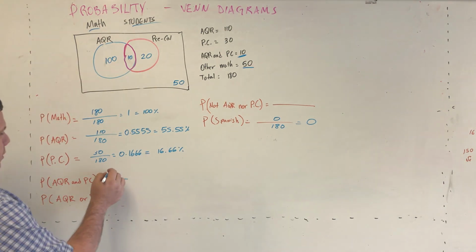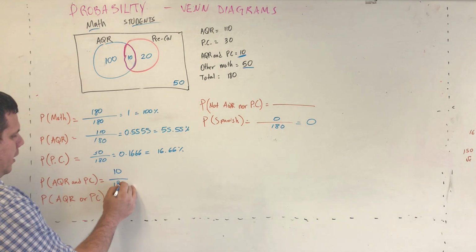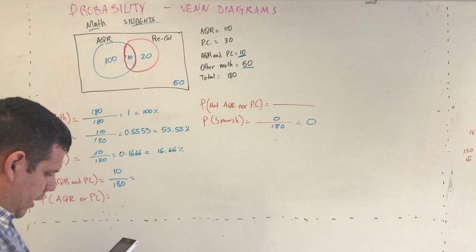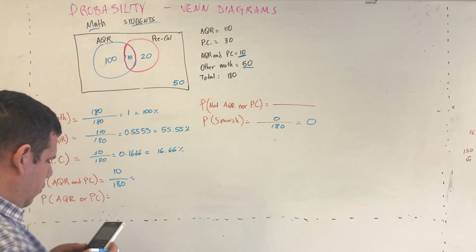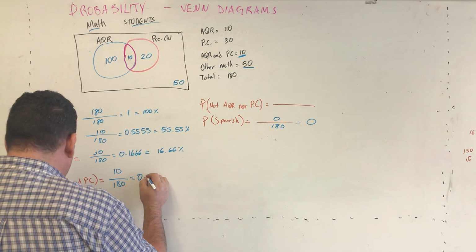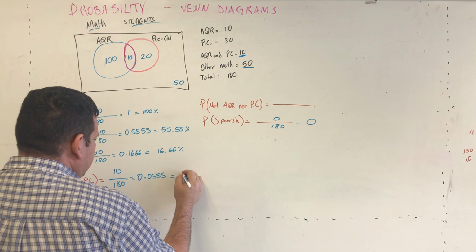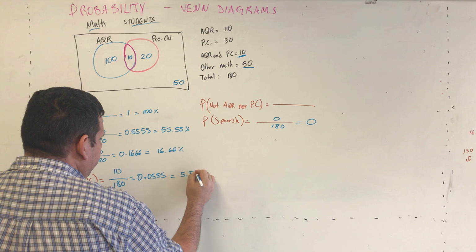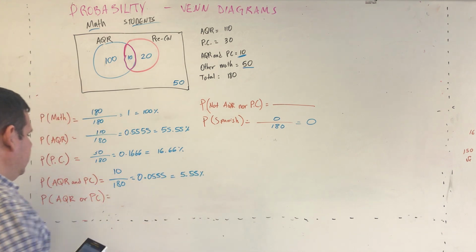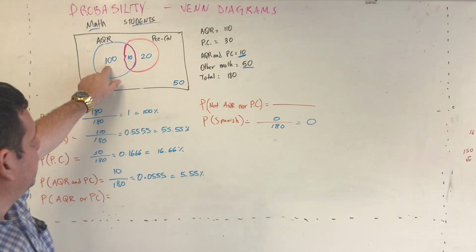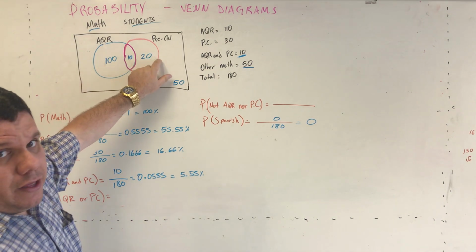So we have 10 divided by 180, we have 0.0555 or 5.55%.